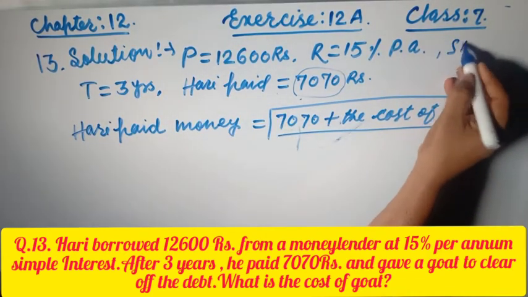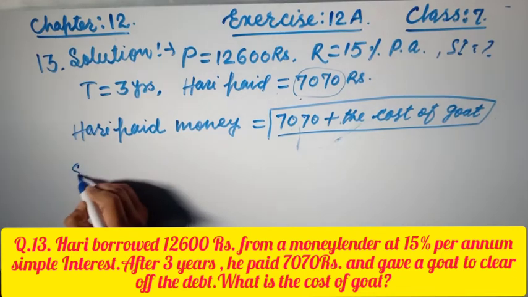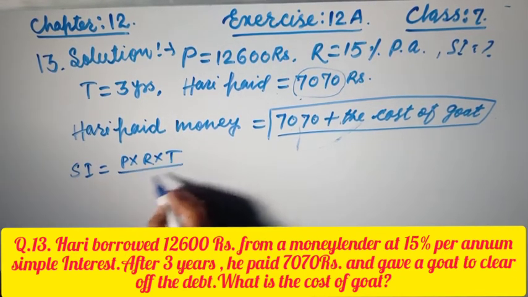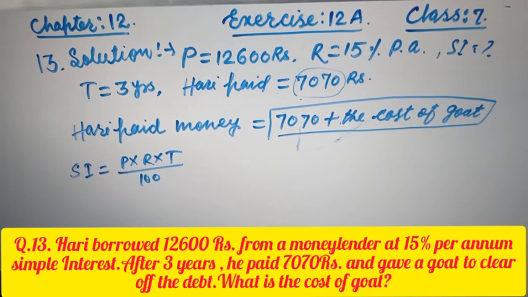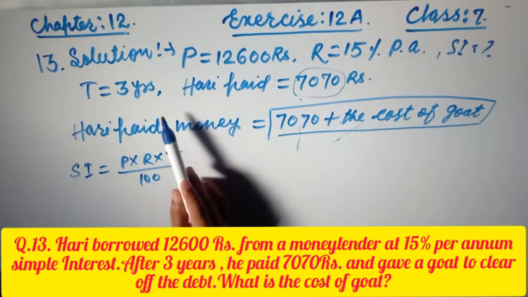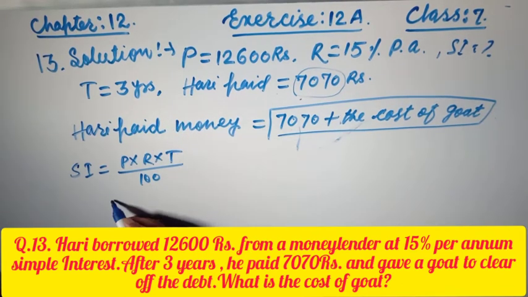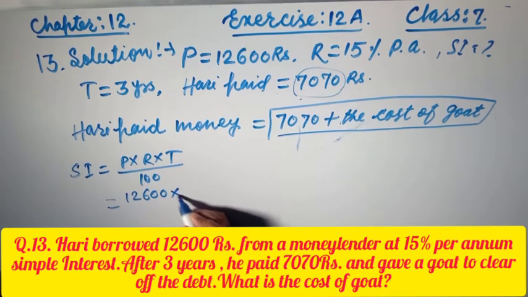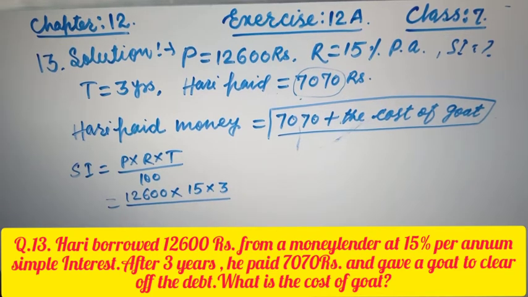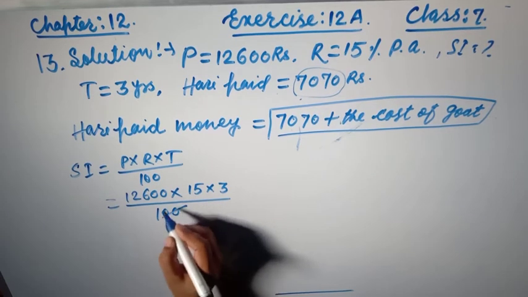Okay, first find SI. Here friends, now from formula, SI is equal to P into R into T divided by 100. Because here friends, this is the P, so here we find the SI means simple interest. Okay, now here the value of P is 12,600 multiplied by R 15, and the time is given 3 years, divided by 100. 20 will get cancelled friends.